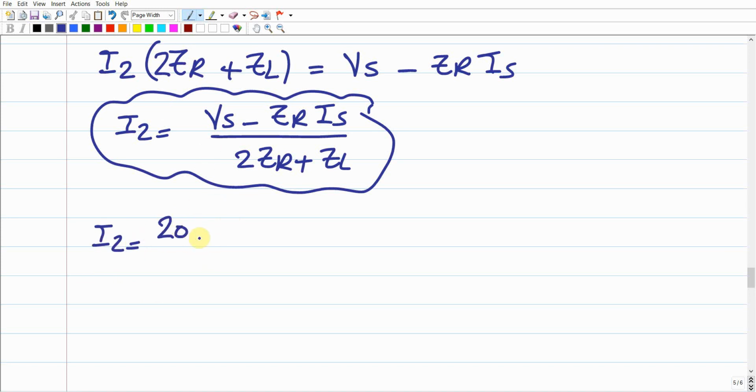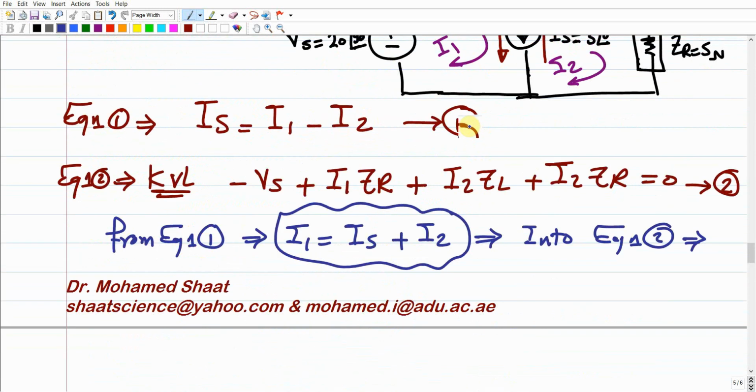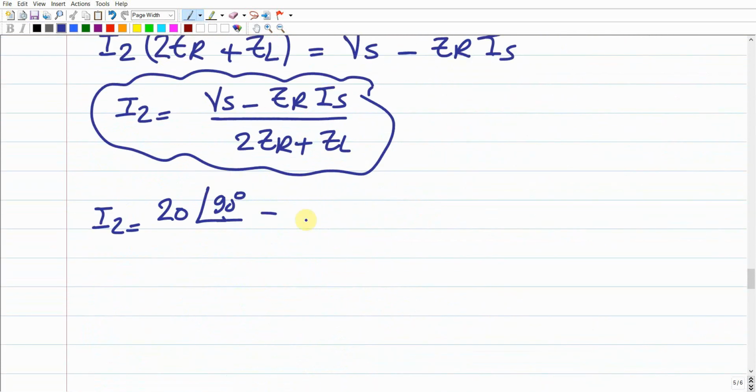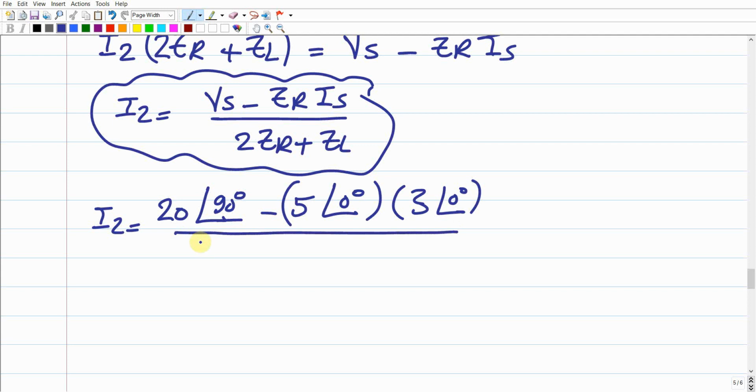Vs is already given by 20 angle 90 degrees. This is the voltage source as given up there for the electrical circuit. And we already have here ZR, if you remember, it is 5 angle 0 degrees, times IS, which is already given by 3 angle 0 degrees. This should be divided by 2 times ZR, which is 5 angle 0 degrees.